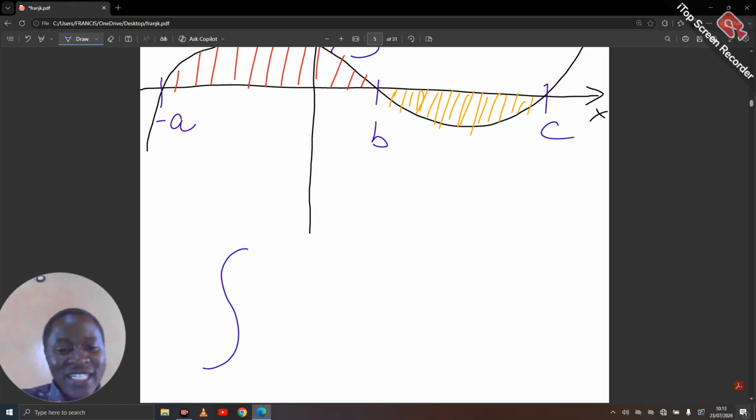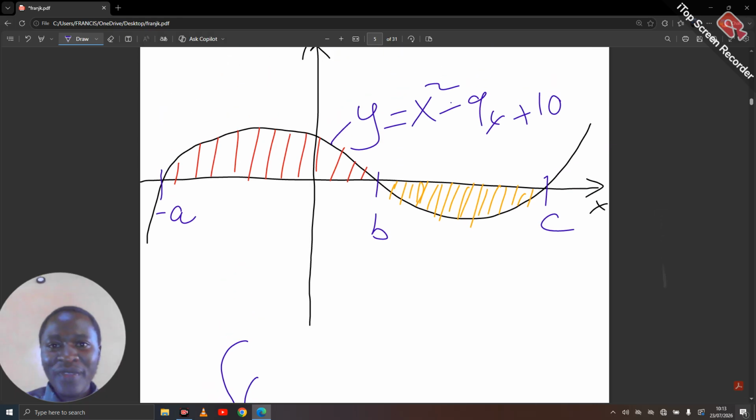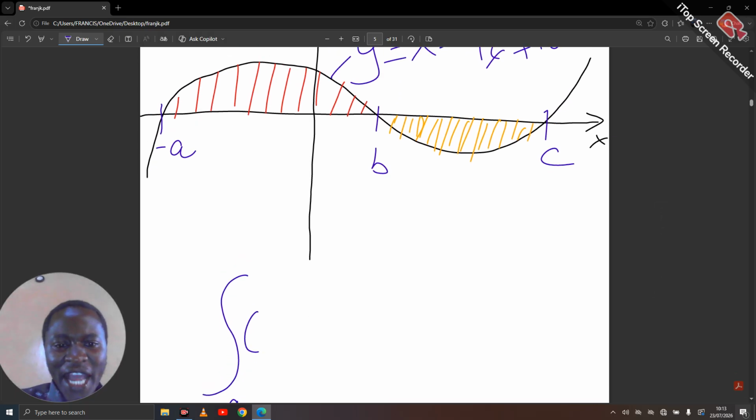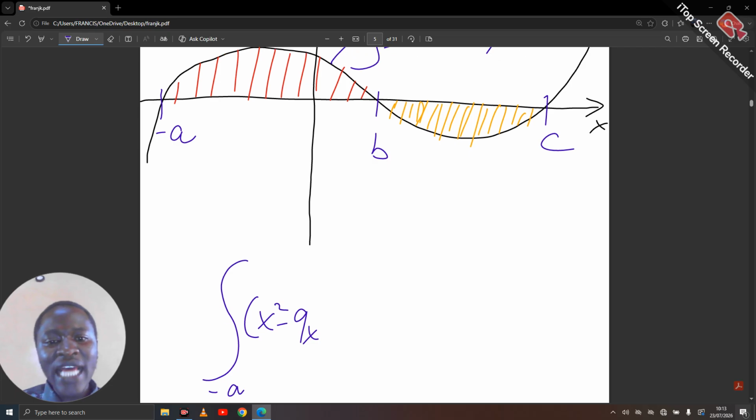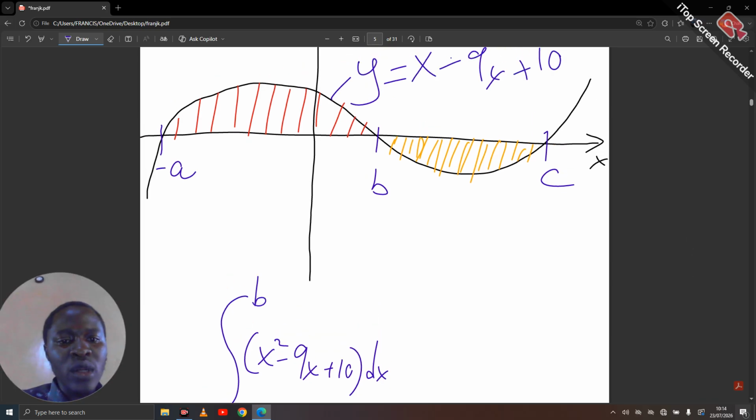You'll integrate from negative a, integrating x squared minus 9x plus 10 dx all the way to b.